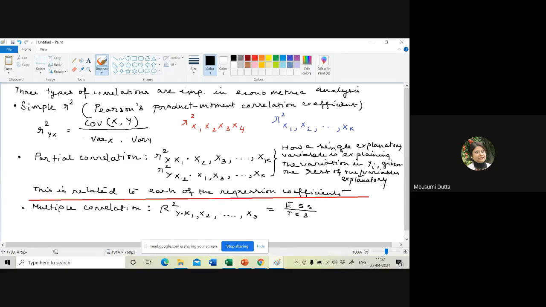Next, the line I underlined: the notion of partial correlation is related to each of the regression coefficients. So let me explain this sentence.